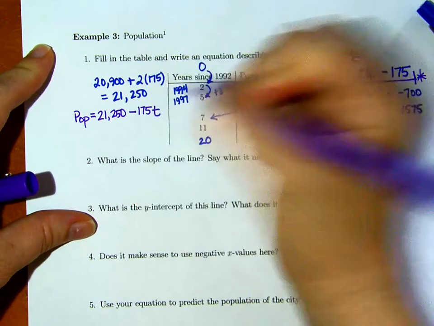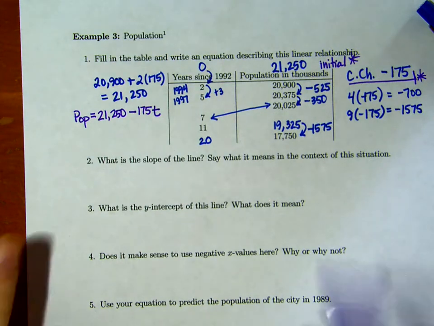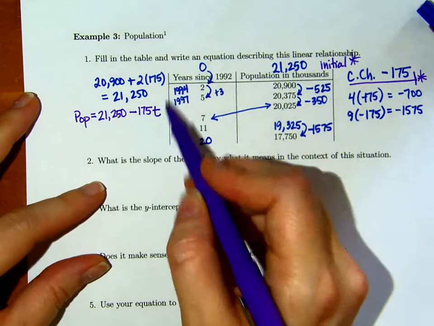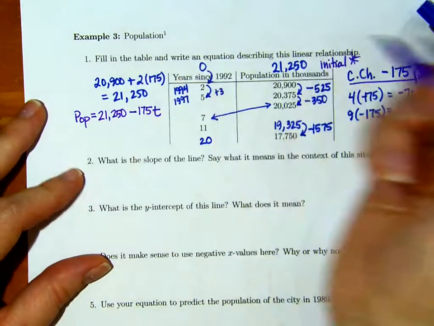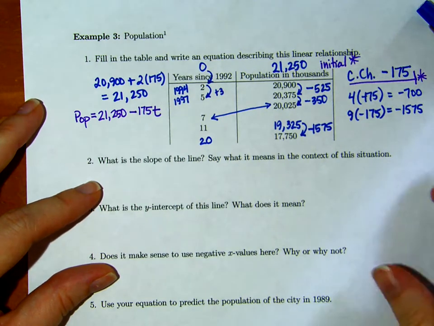I'm going to call that T for time. Population in thousands, T in time. In years since 1992. What is the slope of this line? Say what it means in the context of this situation.